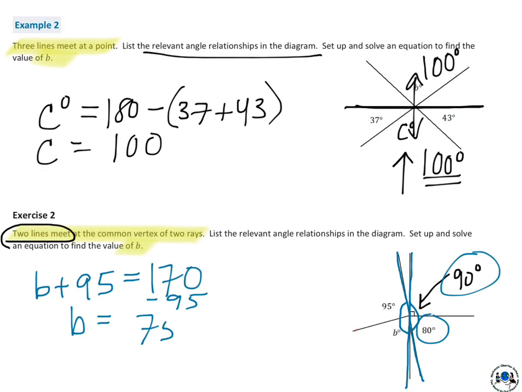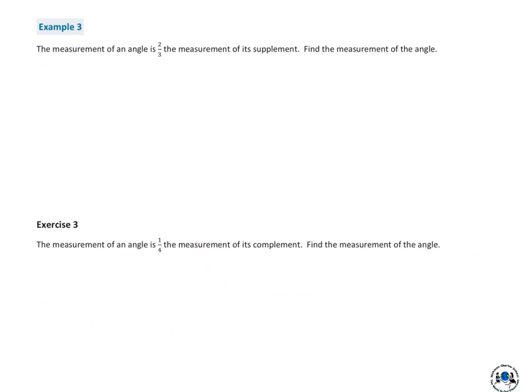So B equals 75 degrees, all right? And so there we go. So I guess again, the relevant line angle relationship was my vertical angles. And if you remember how we use our shorthand for that, vertical angles.